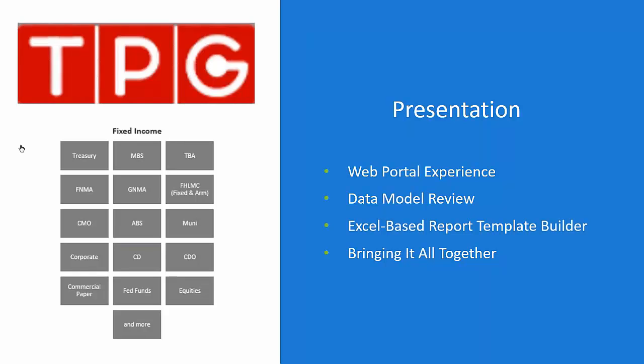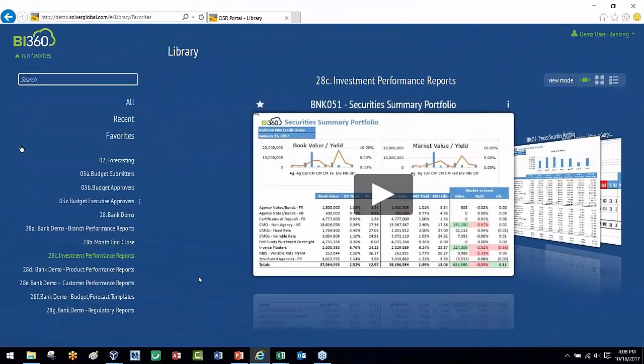How do I get these reports on the web? Look at the data model. Once I'm getting data from folks like TPG, how do I put it together? How do I put it in a warehouse? I'll open up the Excel-based report template builder to actually build a report against that data, and then just bring it all together.